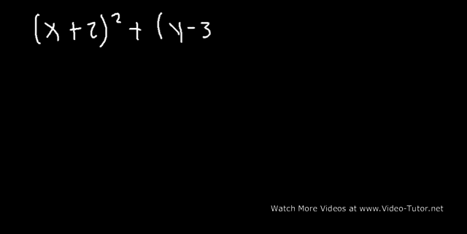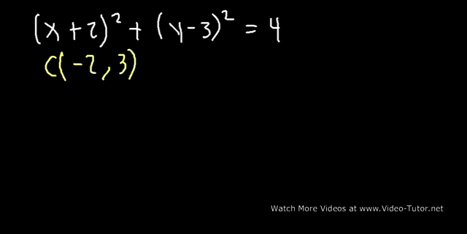So let's say we have this equation, (x plus 2) squared plus (y minus 3) squared is equal to 4. So the center is negative 2, comma 3. You change the positive 2 into a negative 2 and the negative 3 into a positive 3. And the radius is the square root of 4, so it's 2.